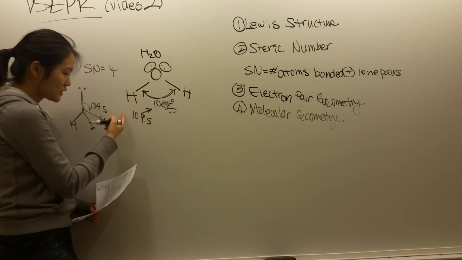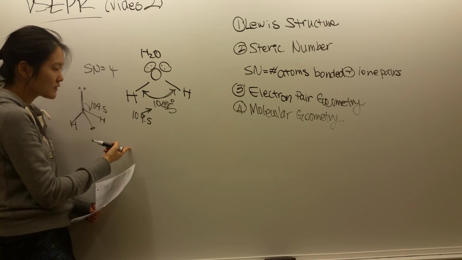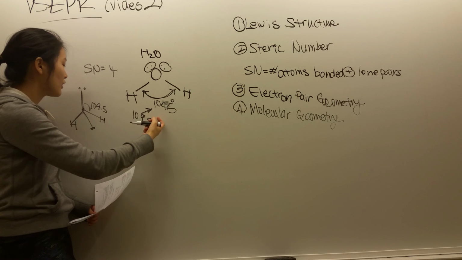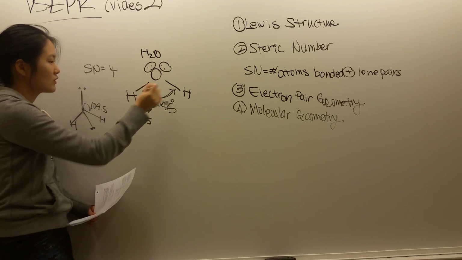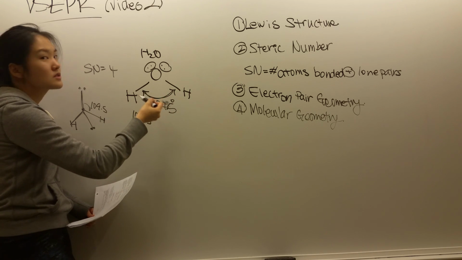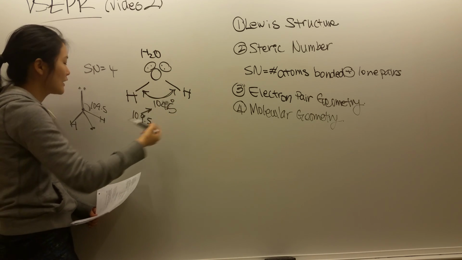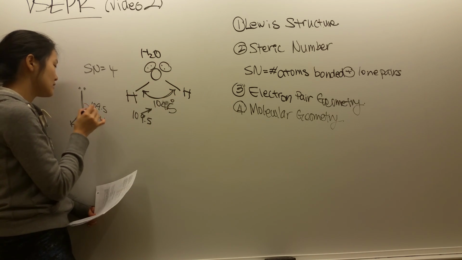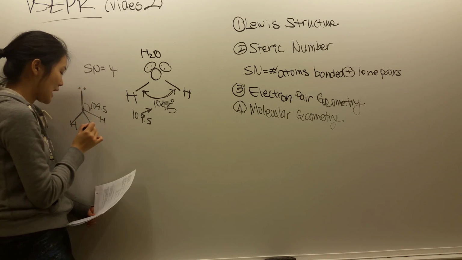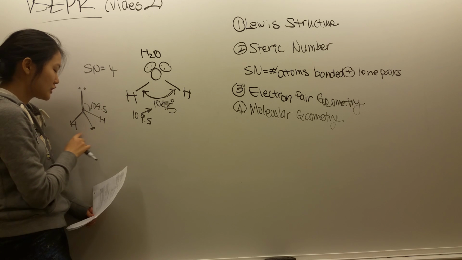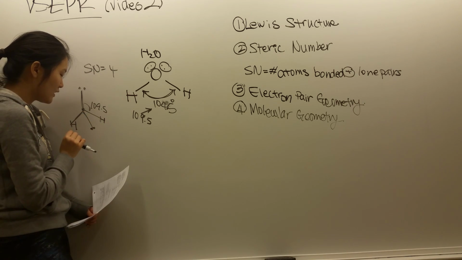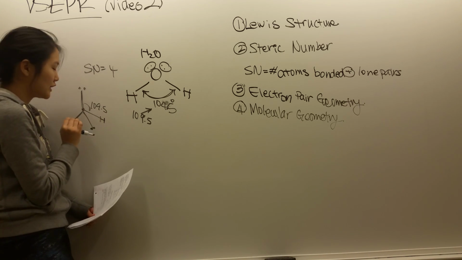That's where this part of the diagram comes from, but it's actually 104.5, because these electron pairs are much stronger in pushing away the hydrogens and each other than just the hydrogens or any bond in general.